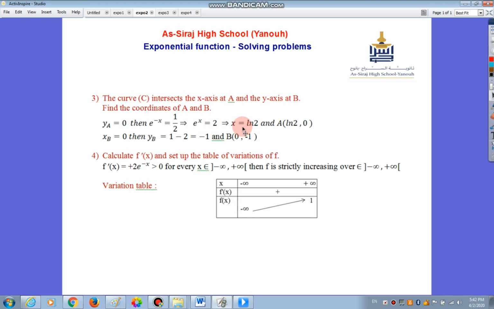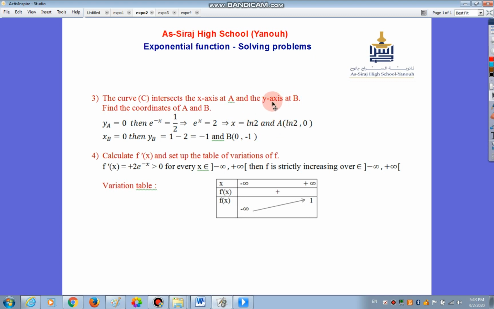This property has been taken in the two chapters of the logarithmic function and the exponential function. In this case, x is equal to ln 2 and y is equal to 0. Then the coordinates of A are ln 2 and 0. Here also I recommend to leave ln 2 in its form like this. Don't use a calculator to round it.